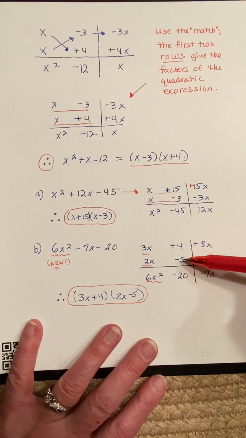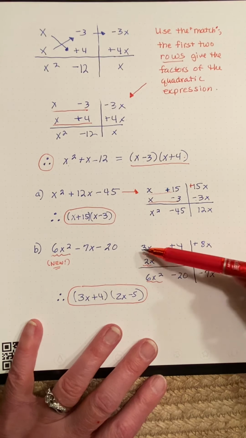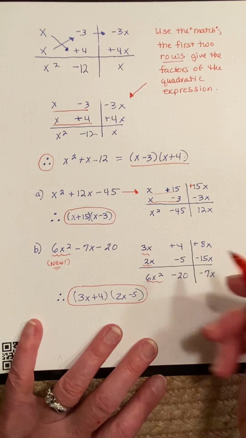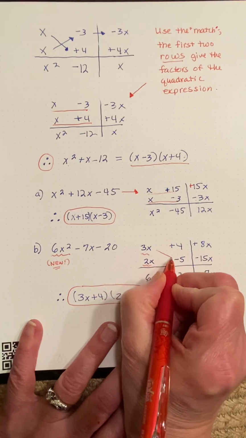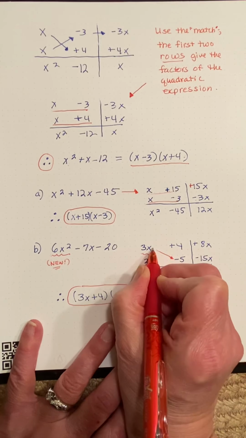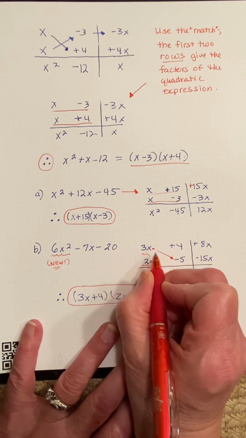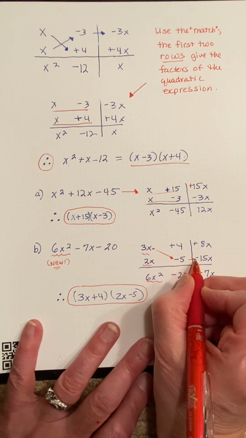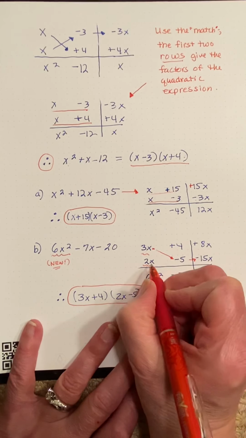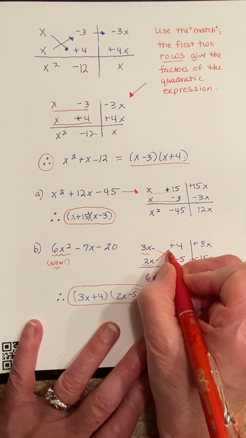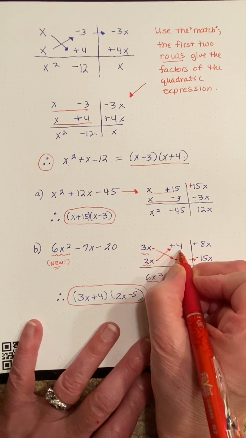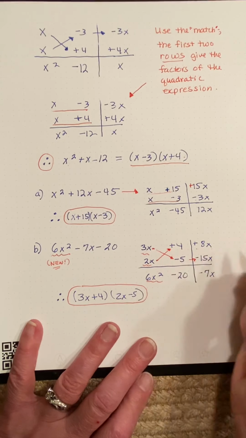Well, I'm starting off with positive 4 and negative 5 and hope it works, because now I have these to contend with. So remember, I do my crosses. Start here. 3x times negative 5 is negative 15x, and 2x times positive 4 is positive 8x.